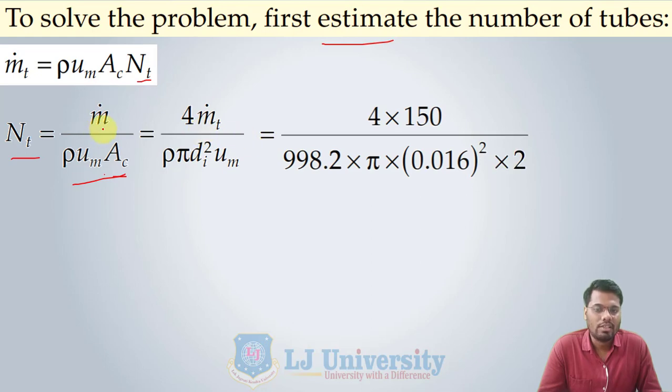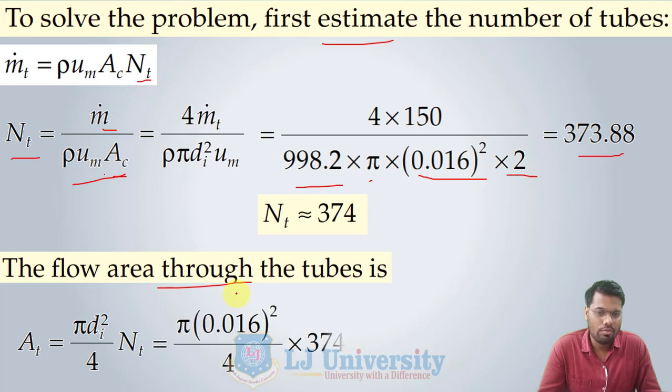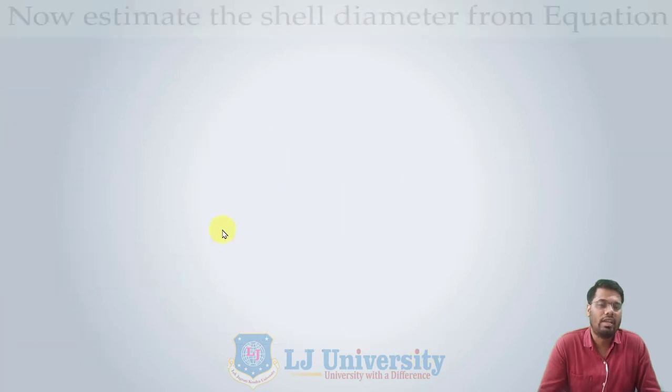Putting in the value of mass flow rate, which is 150, the density mentioned in the question for the tubes, the internal diameter which is already mentioned, and the permissible velocity of 2 meter per second, we will get the number of tubes approximately 374. Now the flow area through the tubes is pi by 4 d square times the number of tubes, so the flow area would be 0.075 meter square.